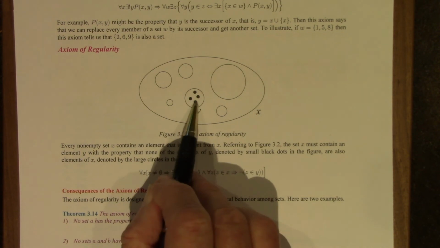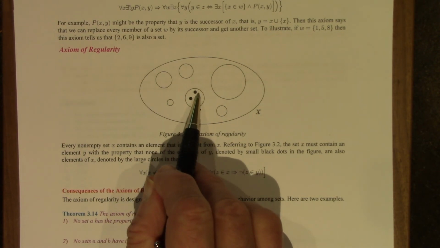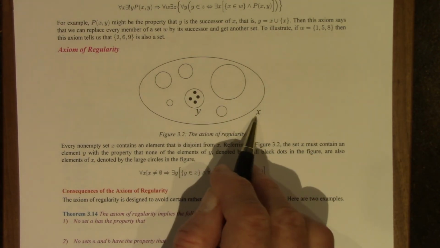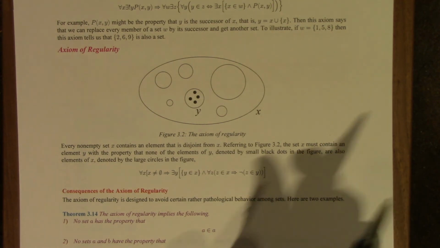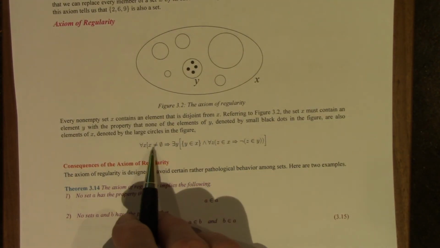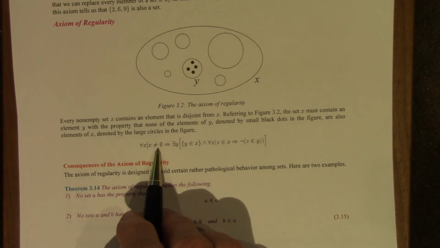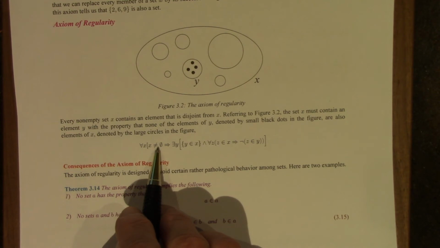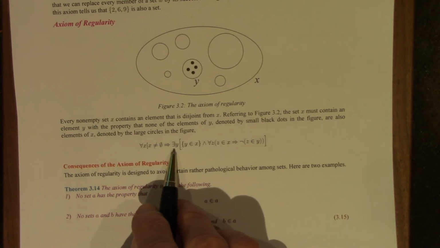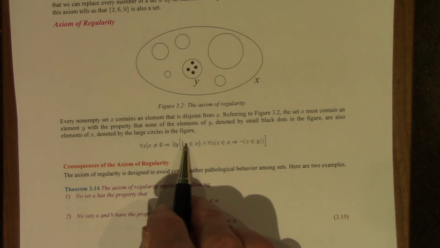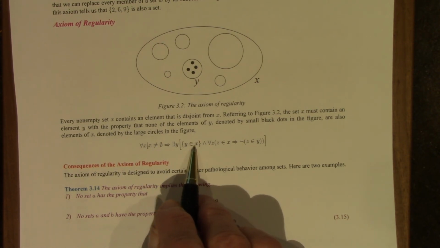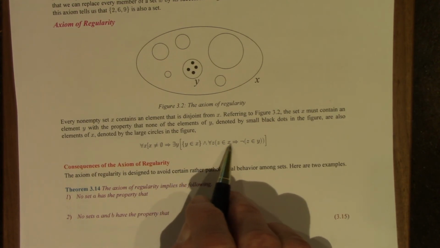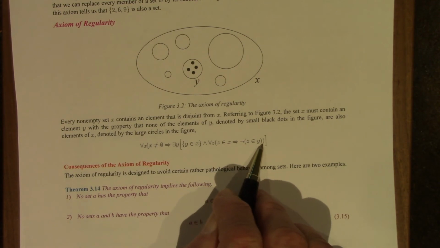The idea is that none of these black dots is also an open circle, and also an element of X. For all X, X is not the empty set, or what I'm really saying here is for all non-empty sets X, there exists a Y such that Y is in X, and for all Z, Z in X implies Z is not in Y.